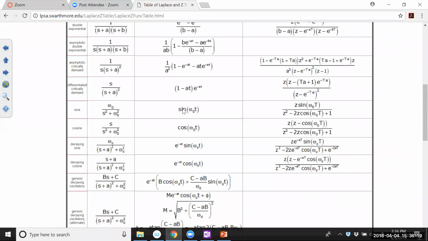That gives you a sine wave, right? Even though there's a missing scale factor there for the omega naught, right there from the inverse Laplace transform, it's a sine wave.